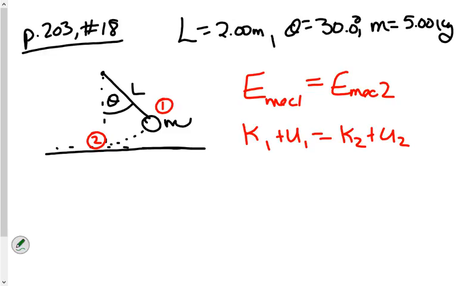Now, as in every kind of problem we do, we have to have a point where x or y, depending, is equal to 0. So where should we let y be equal to 0? Here? 1 or 2?